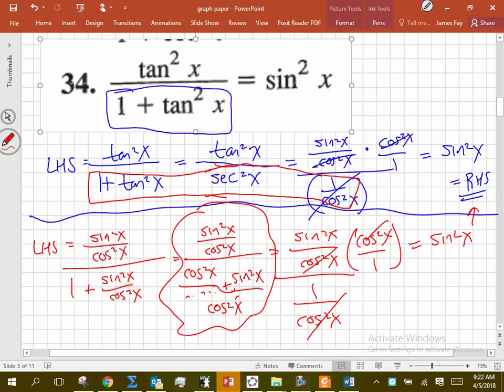If you understand that you can always fall back on changing things to terms of sine and cosine, and then using brute force algebra to find common denominators, to divide fractions by fractions, to FOIL, to factor, that kind of stuff, you should be able to still get down to the same results as if you were to use your substitutions. Is that okay? All right.